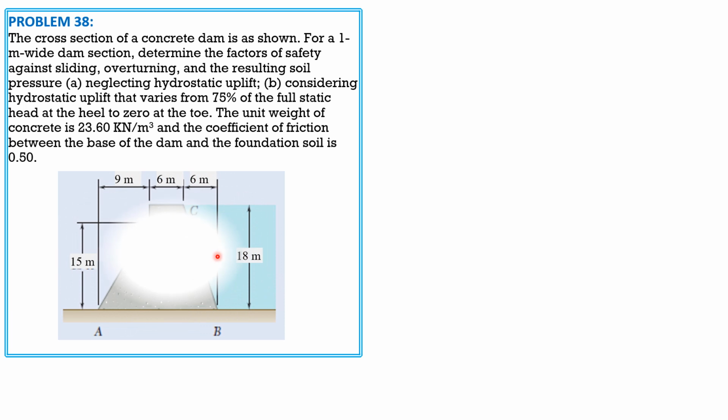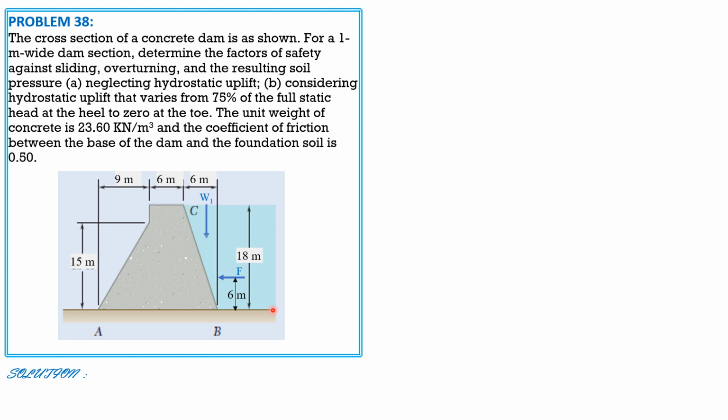So here is the given cross-section of the dam. For the horizontal component, we have F directed to the left, and the distance from the bottom is 1/3 of 18, so 6 meters.